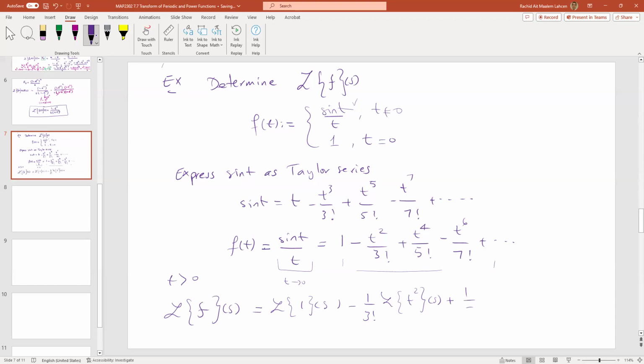Let's get the multiple out, plus the transform of t to the 4th, and so forth, right? So linearity helps, and we can do each one by itself. For 1, the transform is 1 over s. For this power function, it's n factorial divided by s to the n plus 1, right? For t cubed, we have 3 factorial.